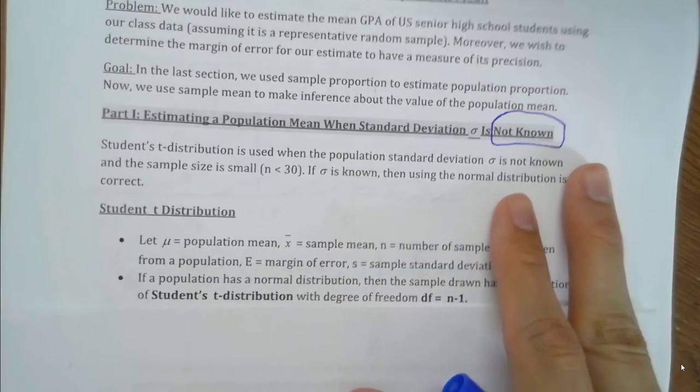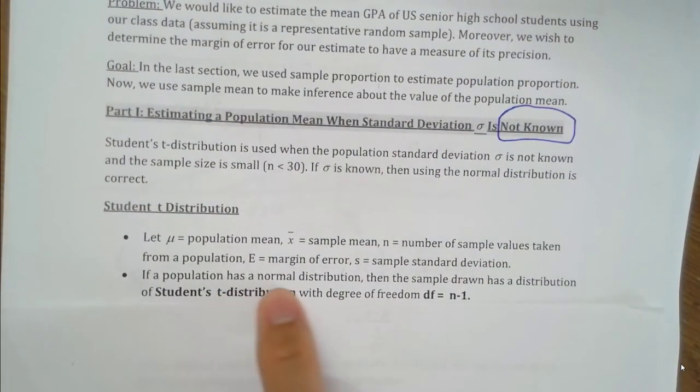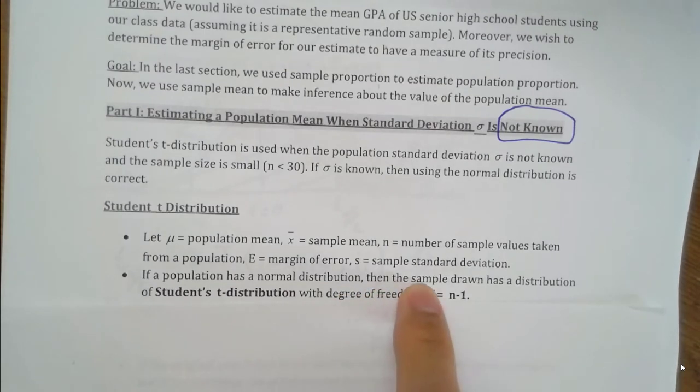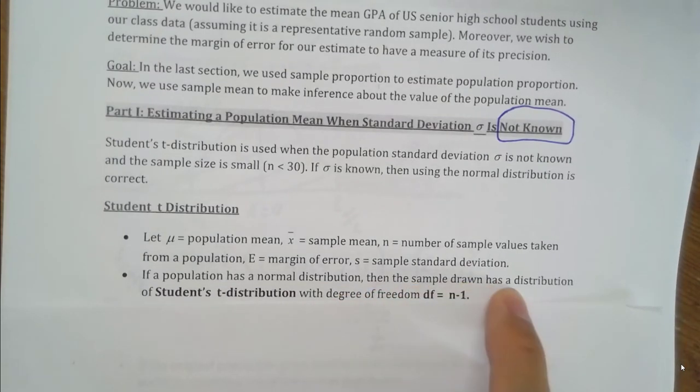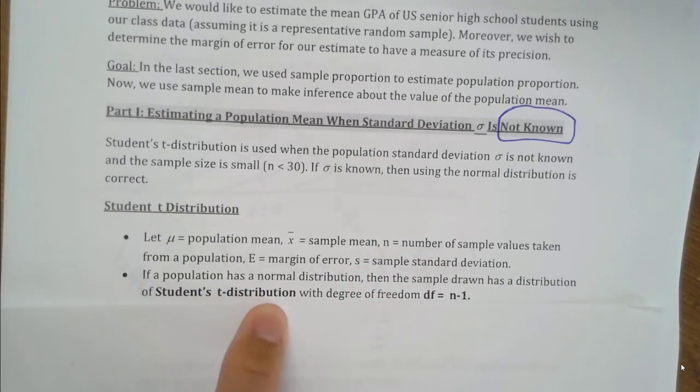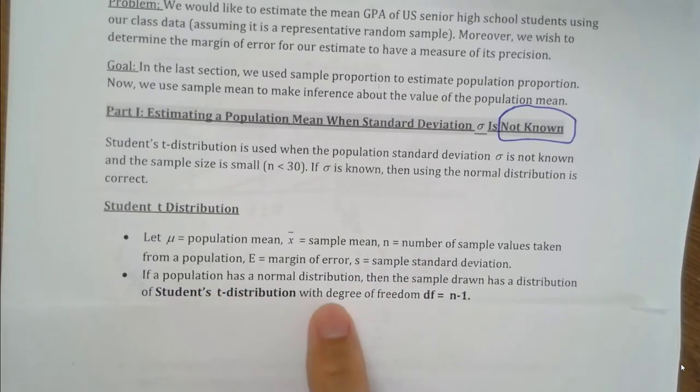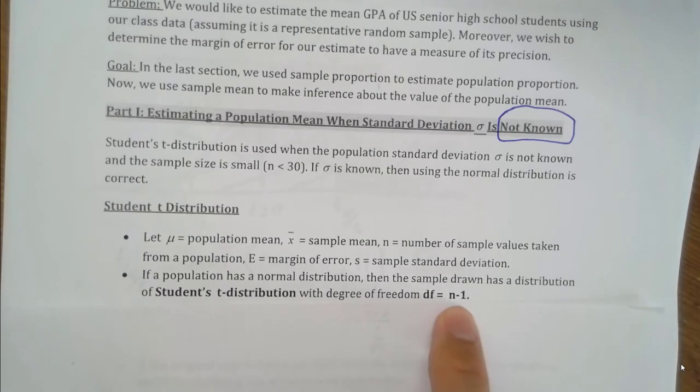If a population has a normal distribution, then the sample mean also has a distribution of the student T distribution with the degree of freedom n-1.